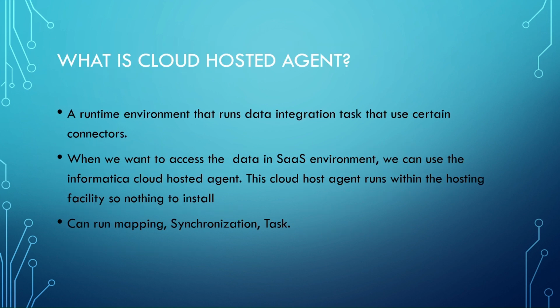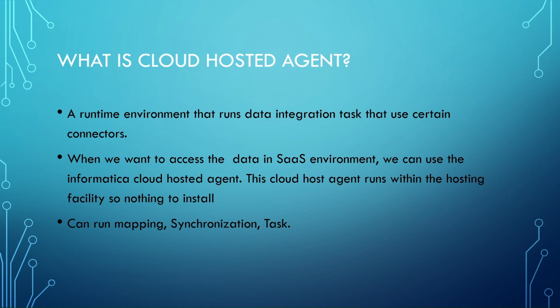Next, we can see what is meant by cloud hosted agent. In IICS, we have two agents, that is, one is the cloud hosted agent and another one is the secure agent, and a runtime environment is available. Why do we need these?